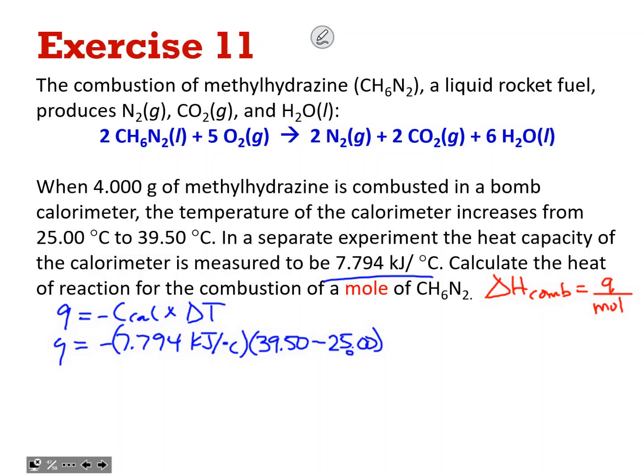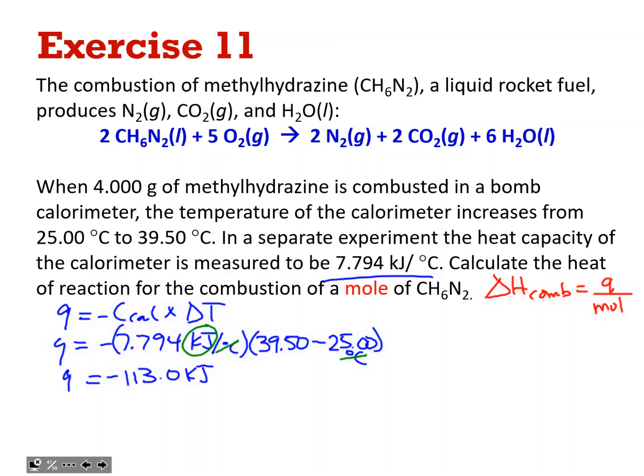You'll notice the degrees Celsius cancel. What are we left with? We get kilojoules. So I'm getting negative 113.0 kilojoules. That's our Q.